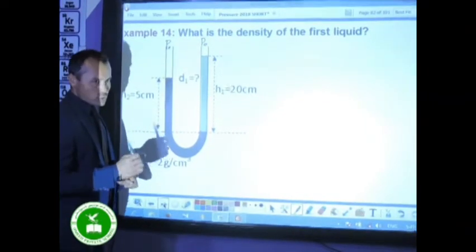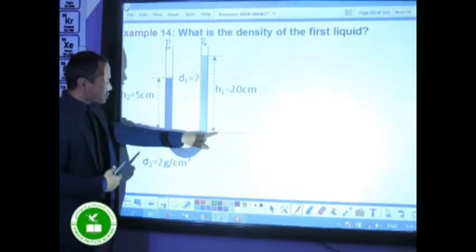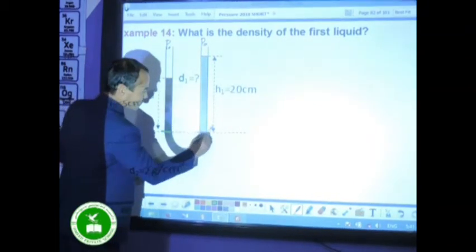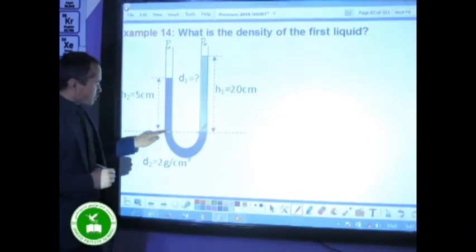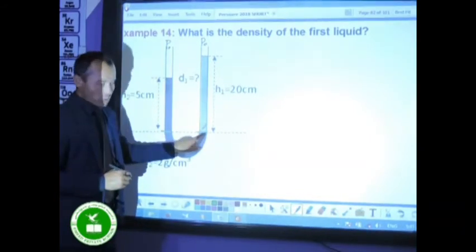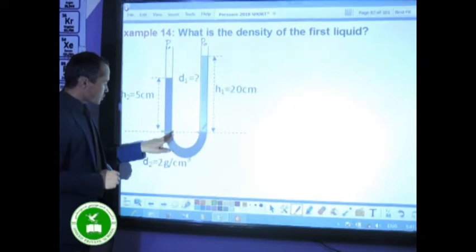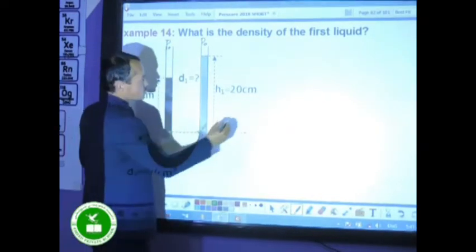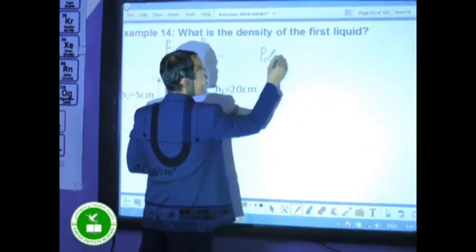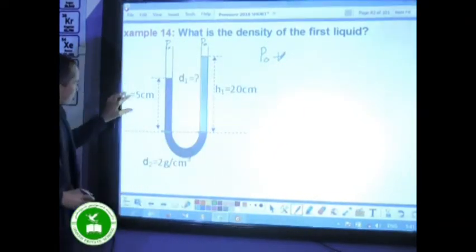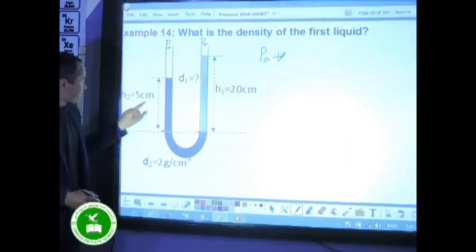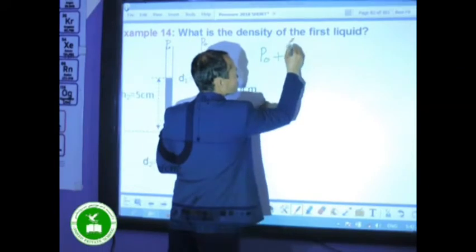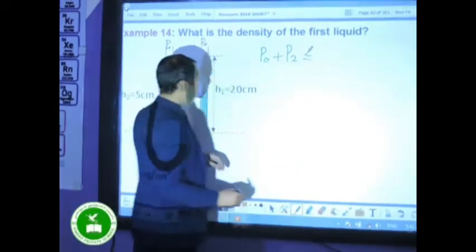Here we have to choose one level, and we can choose this level. Let's choose this level and calculate pressure on this level. Pressure at this point and at this point, they are equal. So let's calculate pressure on this point. Here we have air pressure, so P0 plus, second, we have pressure of this liquid, liquid number 2, P2, equal to.